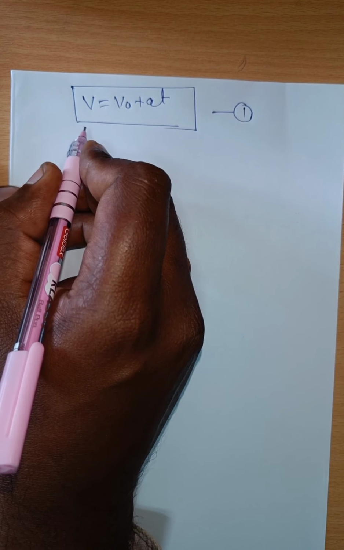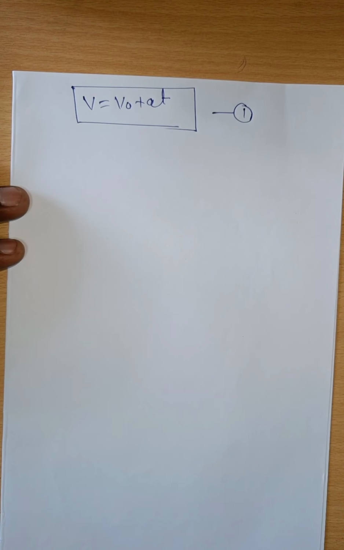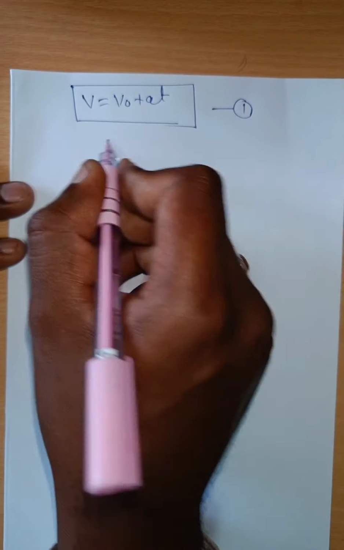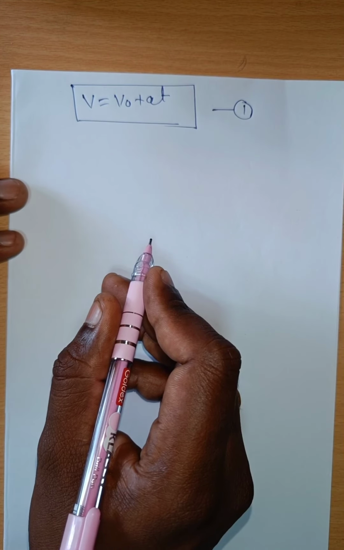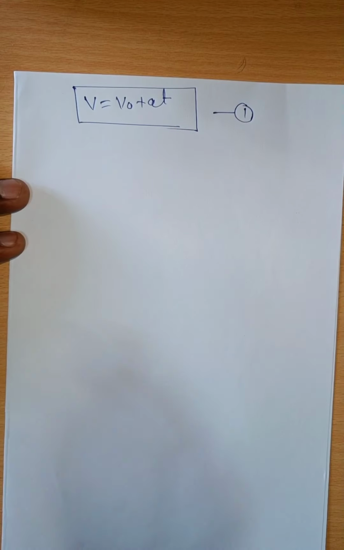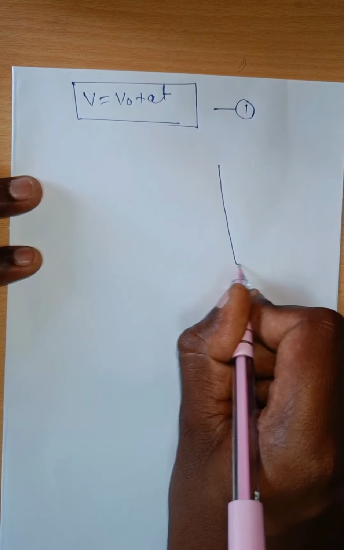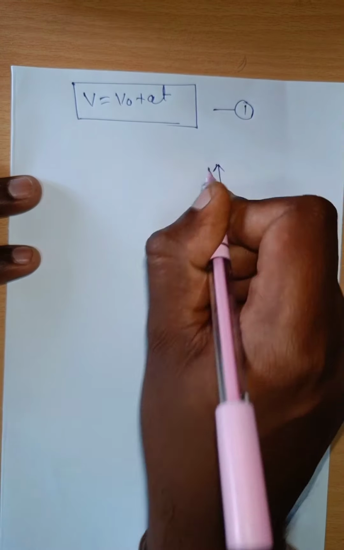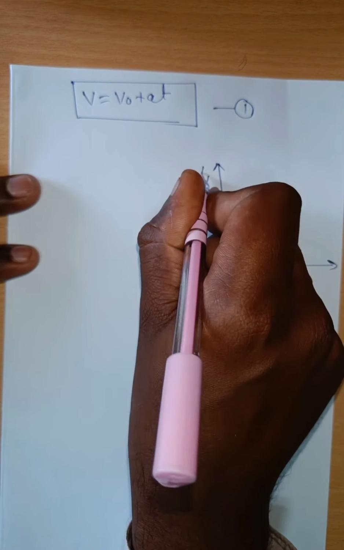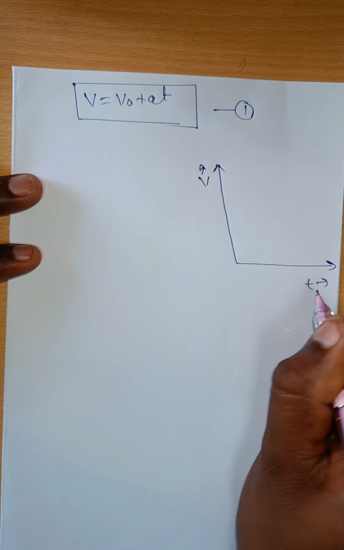Or this is the first equation of motion. Now we have to find out the second kinematic equation. For that we have to draw a v-t graph, the velocity versus time graph.